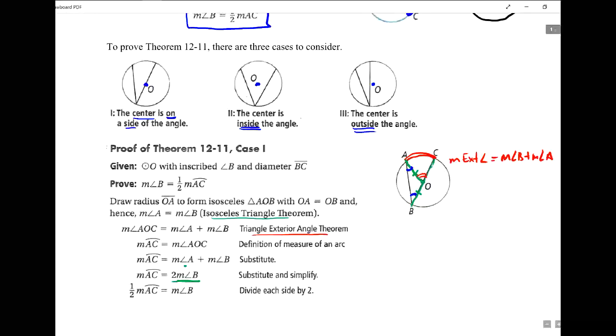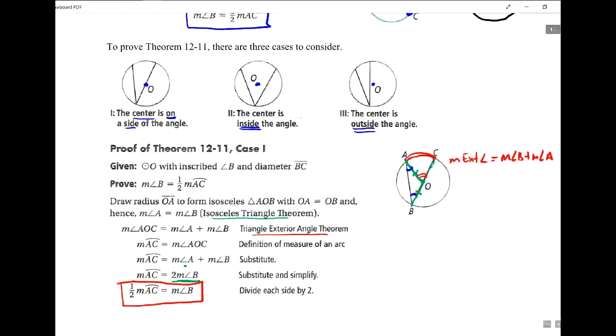So we substitute in the measure of arc AC for our central angle, and we divide both sides by 2, and we end up with the measure of our inscribed angle is 1/2 the measure of our arc. So that's just the proof of how this works.